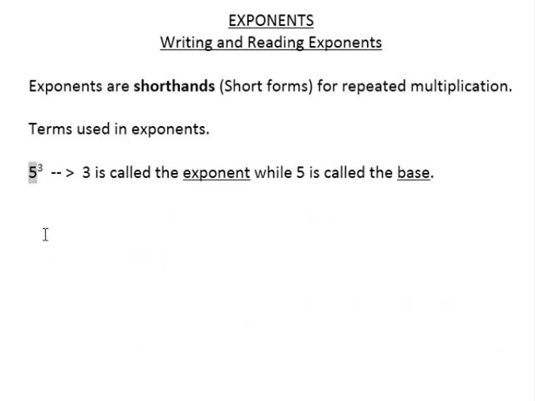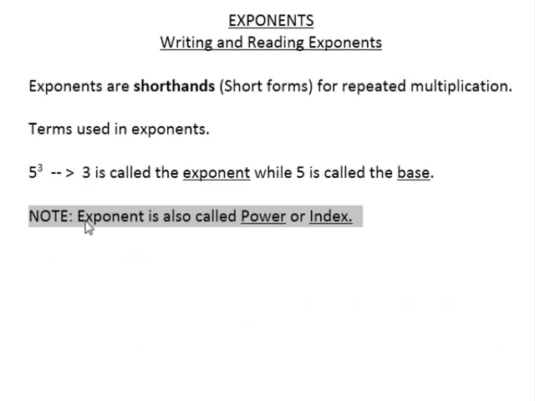The number which is multiplied repeatedly is called base. So here the number which is multiplied by itself is 5 and not any other number. But you have to understand that exponent is also called power. That small number up is called power or index. So it has got 3 names.